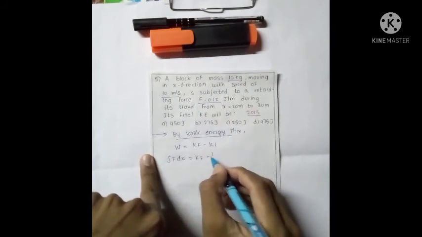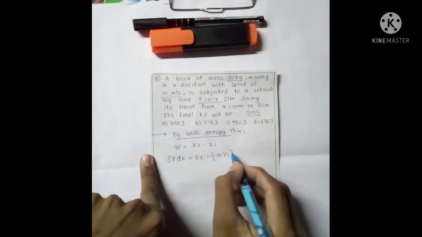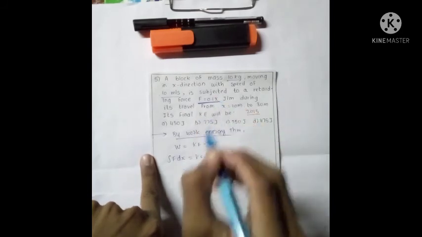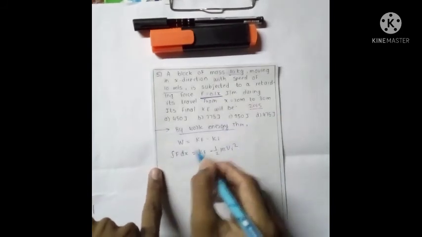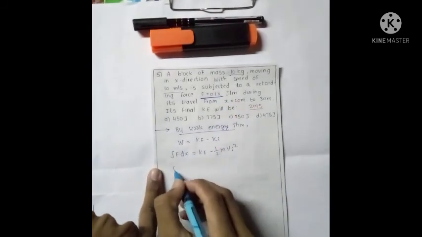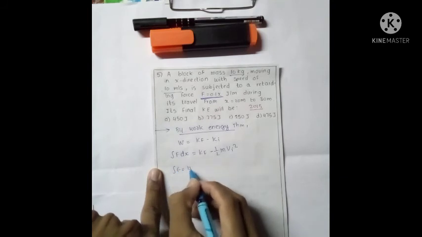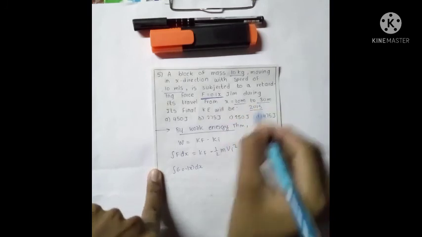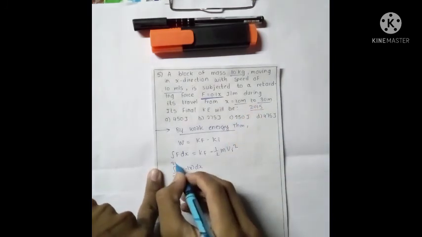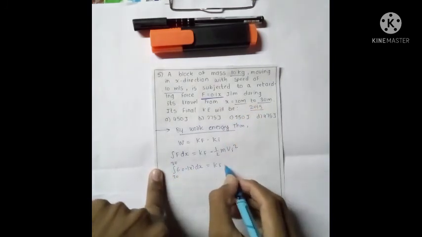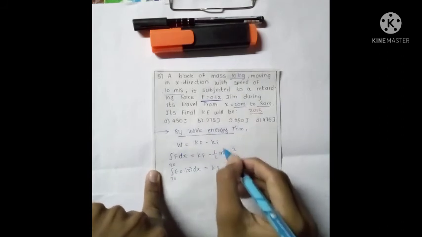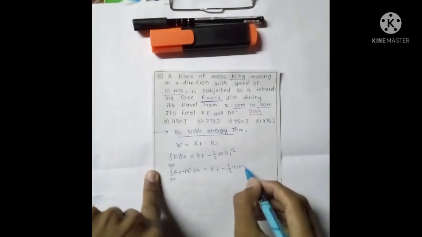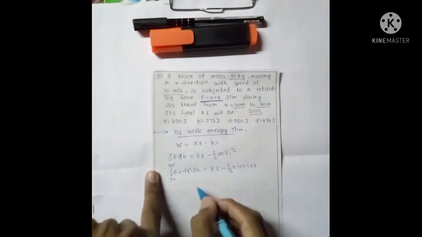Initial kinetic energy is half m v initial square. As here force is retarding force, so we have to take minus sign. So integration of minus 0.1 x dx and limit is from 20 to 30 meter, equal to final kinetic energy minus half, mass is 10 kg, initial velocity is 10 meter per second, its square becomes 100.